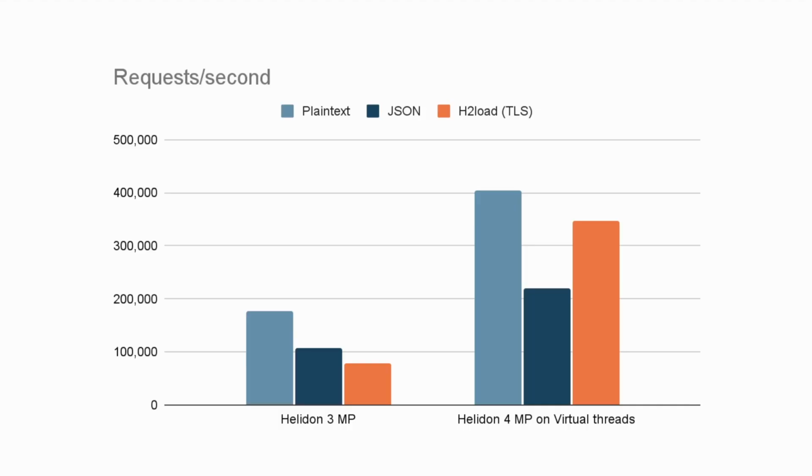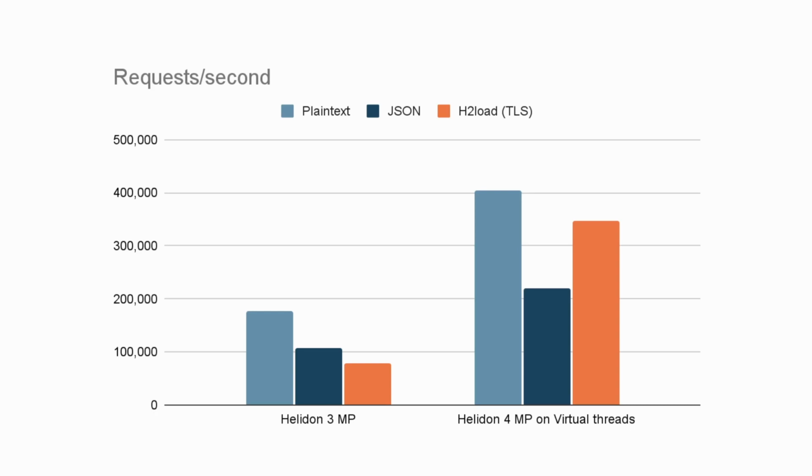That means that all the APIs it provides are blocking. So if we run these blocking applications on Helidon 4, which is based on a blocking web server built on virtual threads, we can see a massive performance boost, sometimes on the order of hundreds of percent.